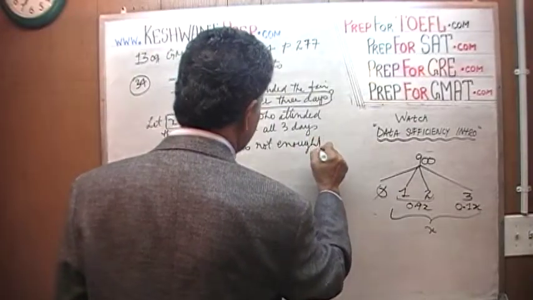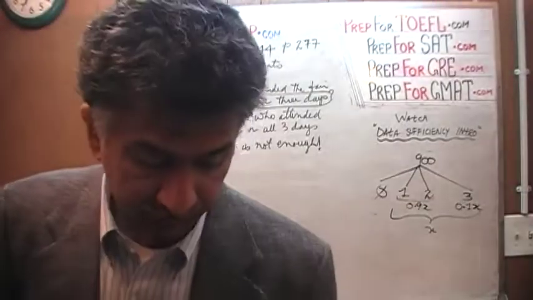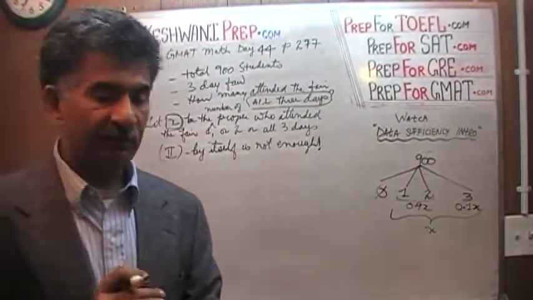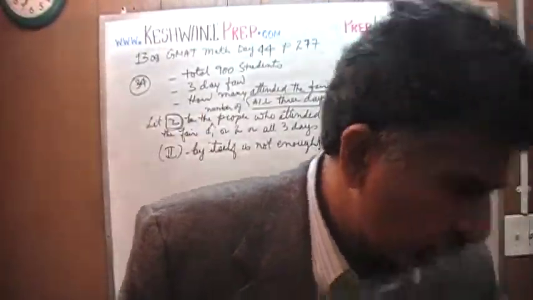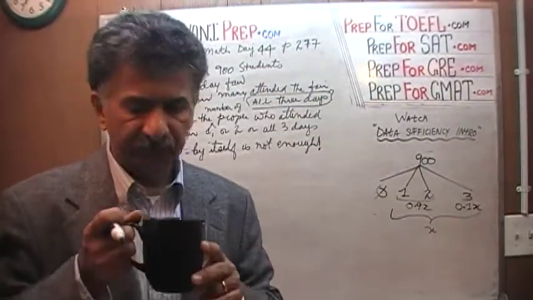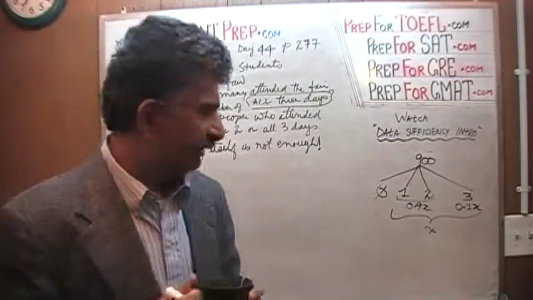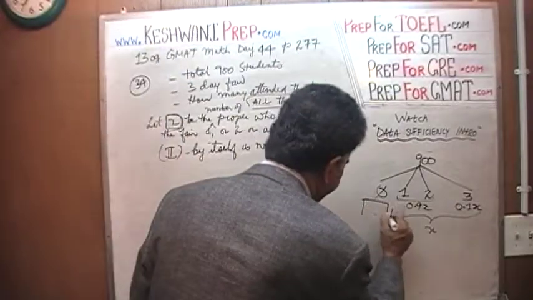The million dollar question is, can you tell right away what is the missing part? What is the missing piece in the puzzle that is preventing us from solving this puzzle? The missing piece in the puzzle is this guy.